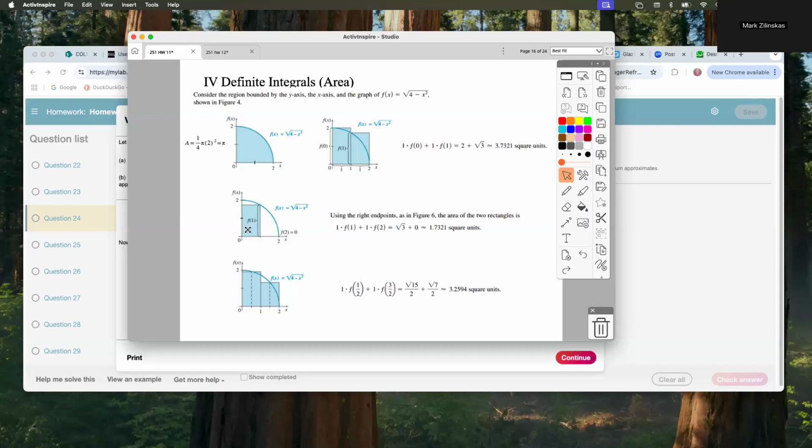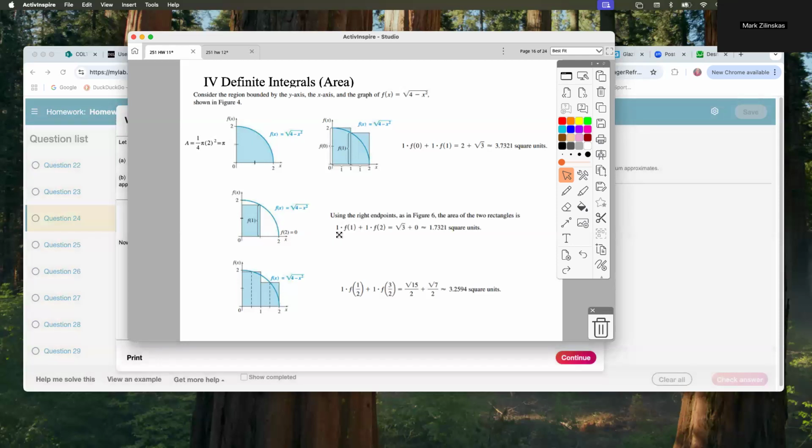Now, if I use inscribed rectangles, that is rectangles determined, in this case, by the right endpoint, they're inside, then I'm going to let f of 1 be the height of the first rectangle. I know it's kind of weird, but f of 2, which is a height of 0, is going to be the height of the second rectangle.